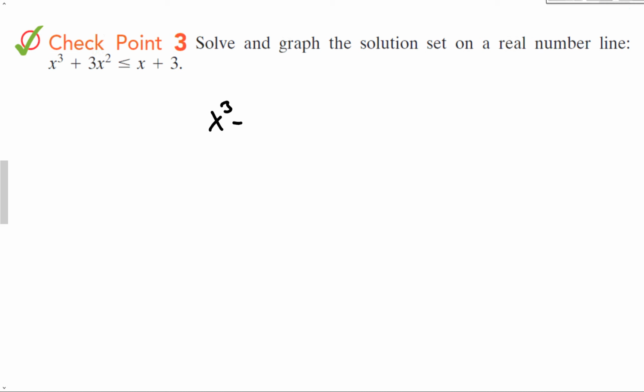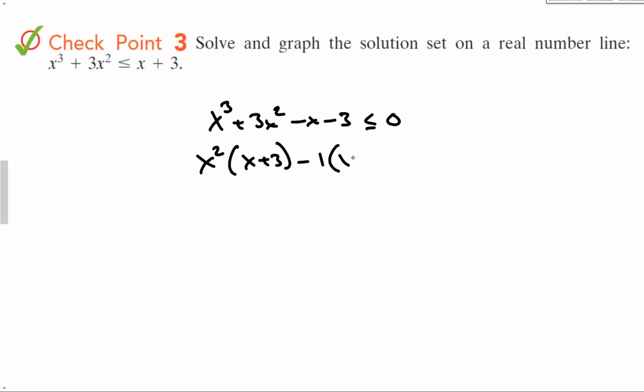First step, x to the third plus 3x squared minus x minus 3 is less than or equal to 0. I look at that pattern there, and I'm pretty sure that is going to factor with grouping again. So I can factor out an x squared there. I'm left with x plus 3. I can factor out a -1 there, and we're left with x plus 3.